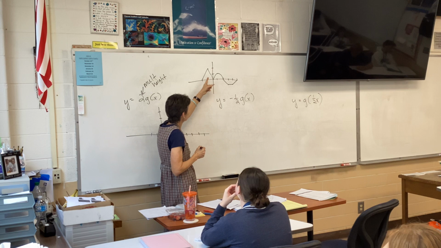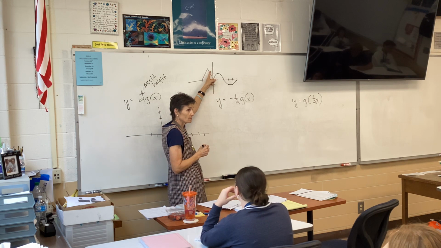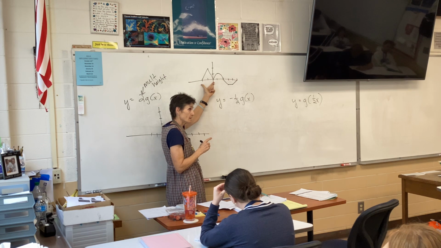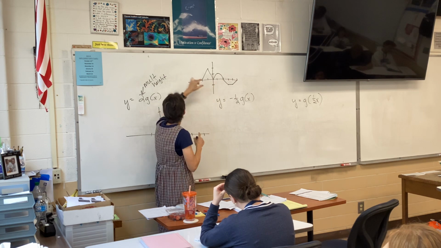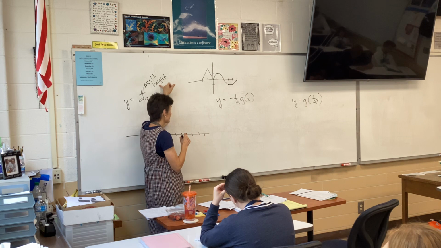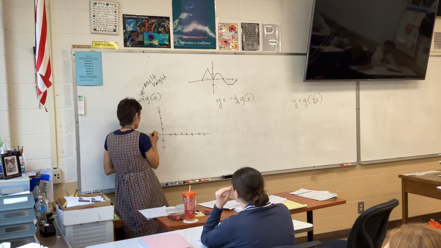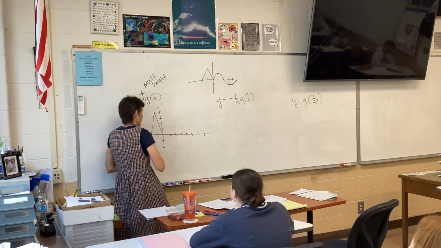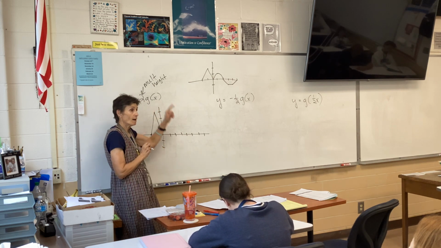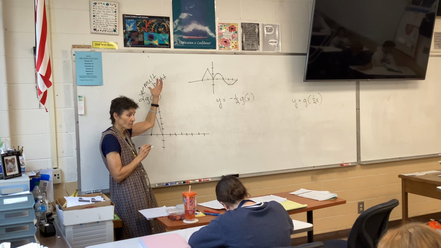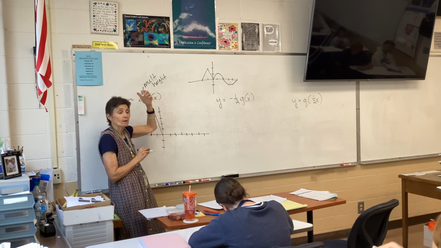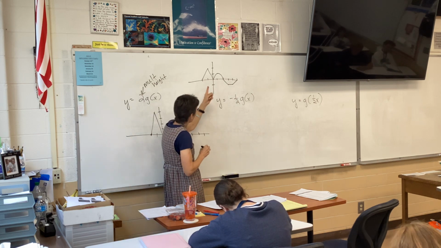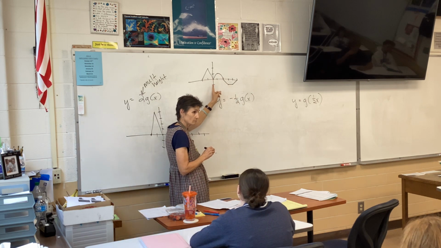So how tall was this original triangle? It was 2 tall and 2 wide. Now the width hasn't changed, only the height. So now it's still 2 wide, but now it's all the way up to 4. A number, a multiplier, a coefficient, out in front multiplies the height. So how tall was our semicircle? 1.